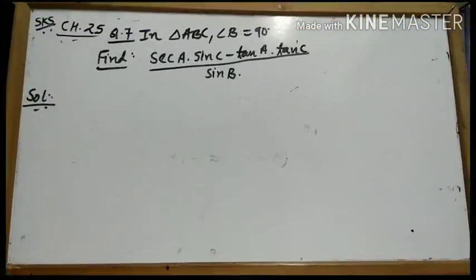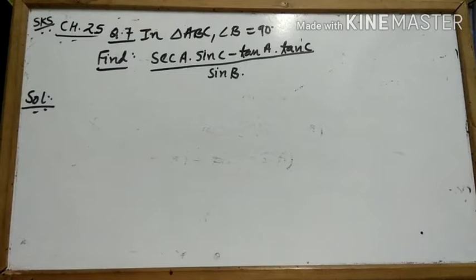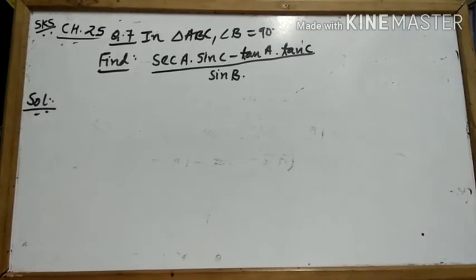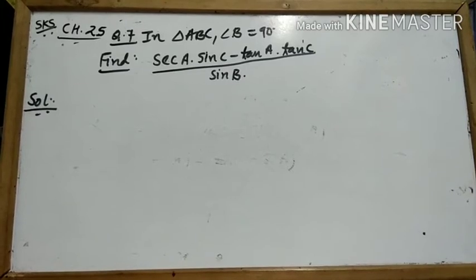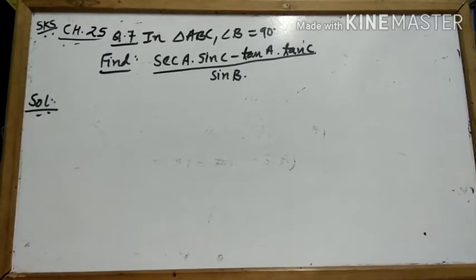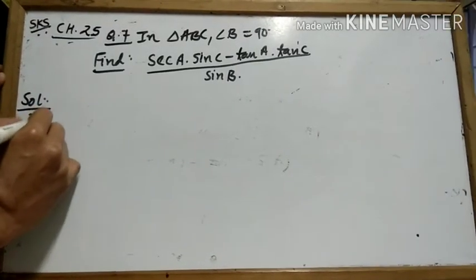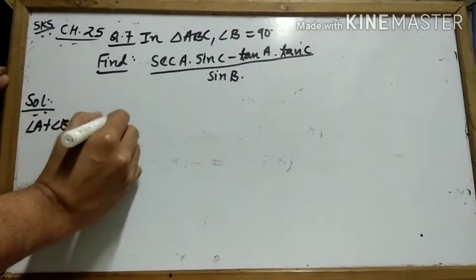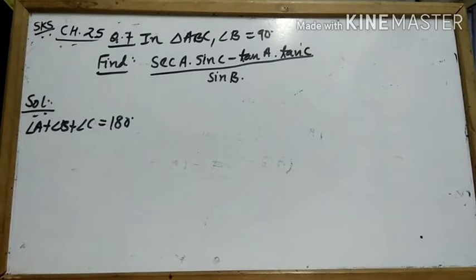Question 7, exercise 25. They have given in triangle ABC, angle B is equal to 90, and we are supposed to find sec of A into sine C minus tan of A into tan C, whole divided by sine B. Before going into this particular question, I would just write down angle A plus angle B plus angle C is equal to 180 degree.